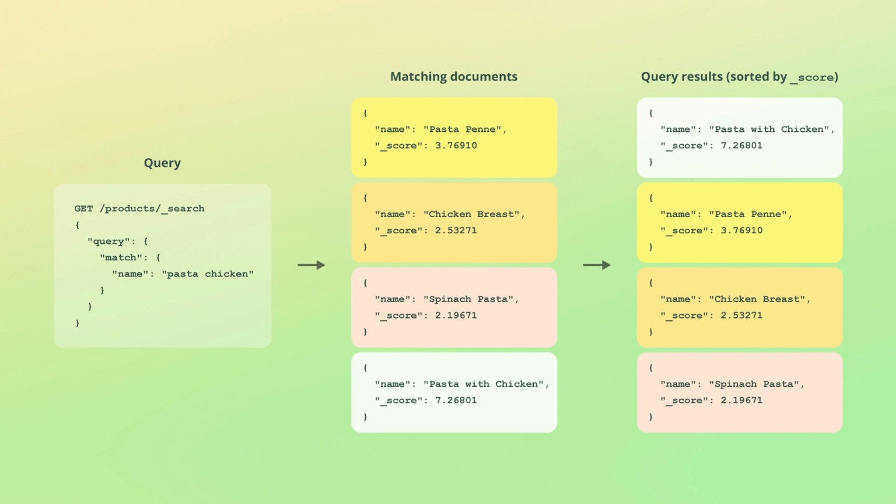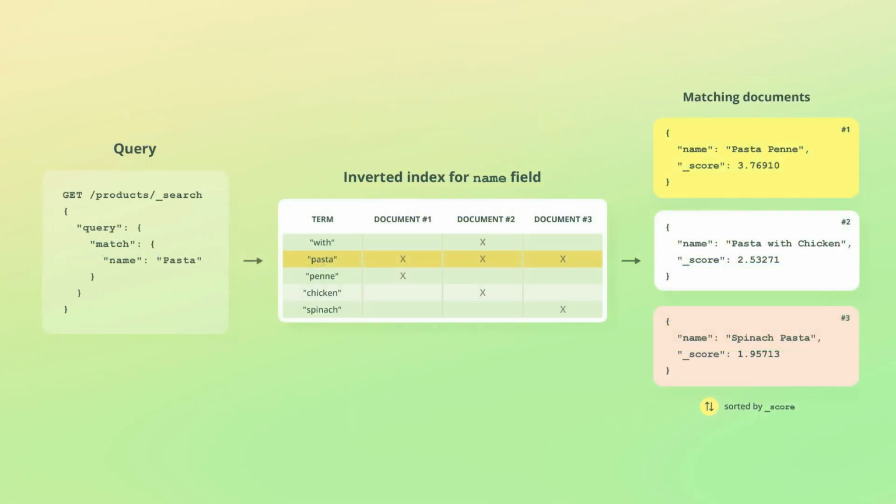We won't dive into how Elasticsearch calculates the scores now. For now, I just want you to understand how relevance scoring works at a high level. As you know, full-text queries are analyzed, and then the resulting terms are looked up within the inverted index for the fields. Nothing new here.